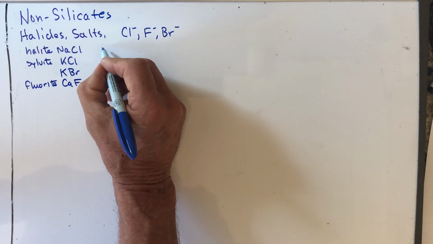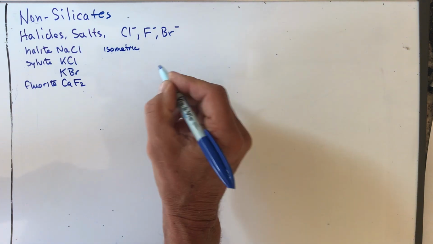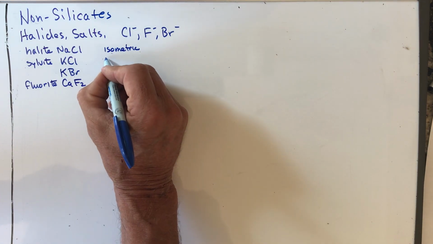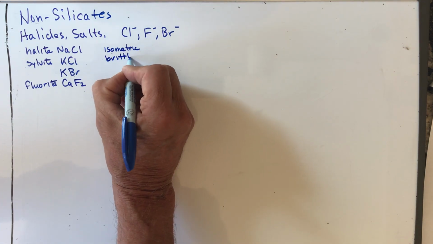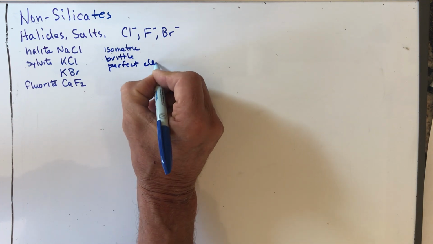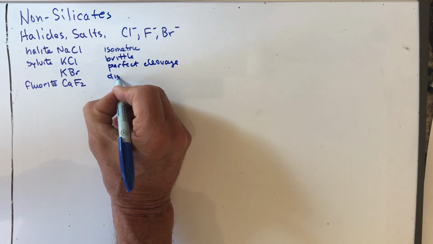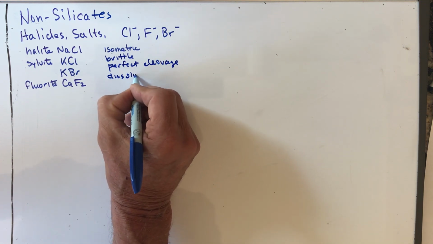These tend to be minerals with isometric or cubic crystal structures. They're brittle, with perfect cleavage, and they tend to dissolve in water.